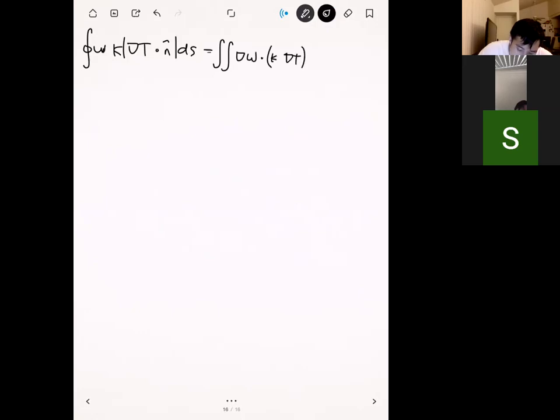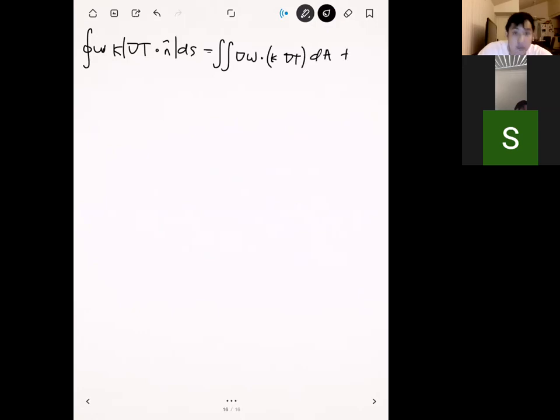And so if we make that substitution, we have the following. First, let's write out our line integral. So we have the line integral of w k gradient of t dot product with n ds, minus the double integral of gradient of w dot product with k gradient of t dA.